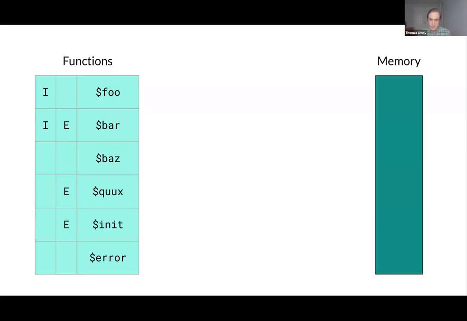Second, we have a memory. WebAssembly is a Harvard architecture, so functions do not live in memory. But especially for compiling things like C and C++, we need a memory that we can read and write bytes from. So we have that. And the memory itself is also an object that can be imported or exported.